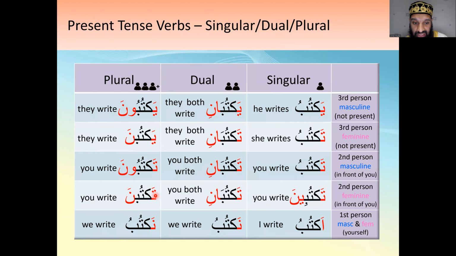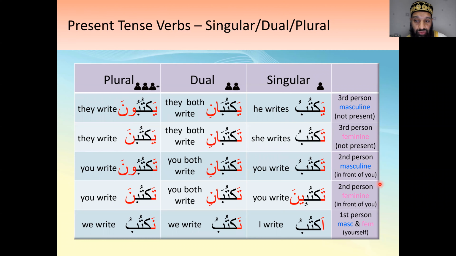Look, second person starts off with ta, third person starts off with ya. So it actually holds the rule that we've just been doing. The rest of the word is the same. I know it gets tricky here. This one's third person, it just is. That's just the pattern.